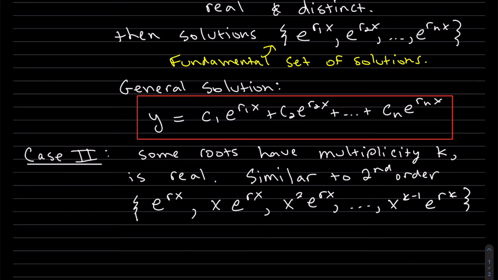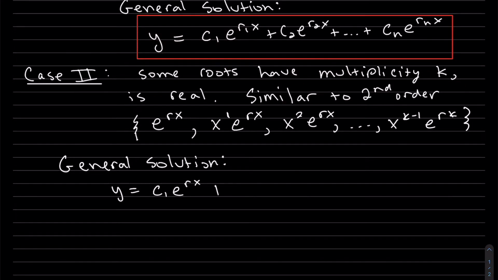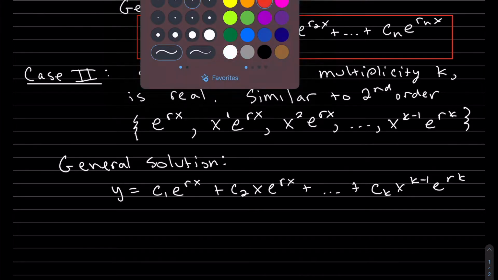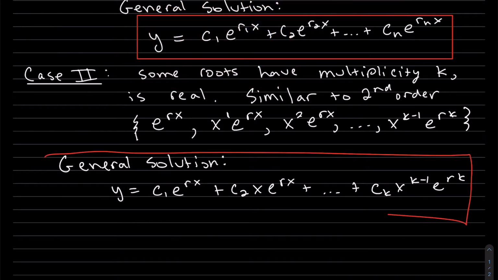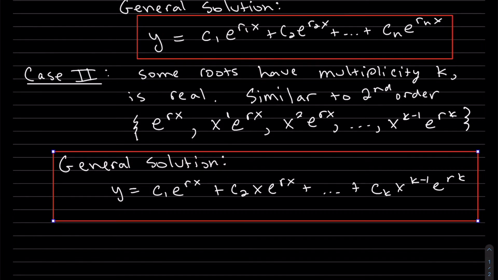That will be k of them, since we do start here, and so that x to the 0 counts as an extra one. And so our general solution, and we will box our solution. Okay, so now let's look at a couple examples.